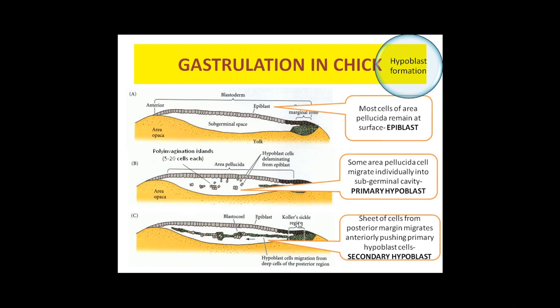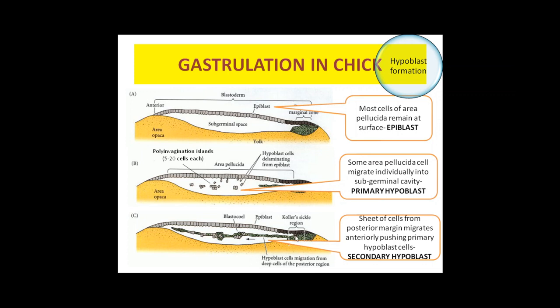Shortly thereafter, a sheet of cells from the posterior margin migrates anteriorly, pushing the primary hypoblast cells towards the anterior side. These cells form the secondary hypoblast. The cells of the posterior margin which migrate anteriorly come from the collar sickle region and are distinguished from the rest of the cells of the posterior margin.